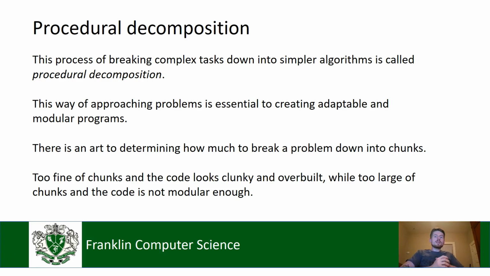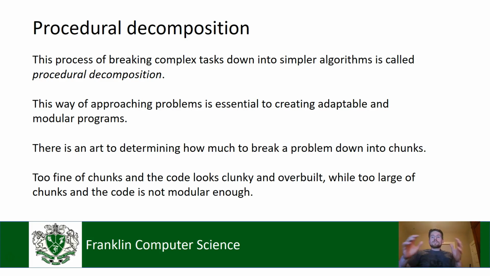All right. Again, to reiterate, if you break things down too small, if you make them a little bit too fine, then your code can look clunky and overbuilt, like there's too much going on. You're trying to swat a fly and you bring out a bazooka, right? Not really very helpful.